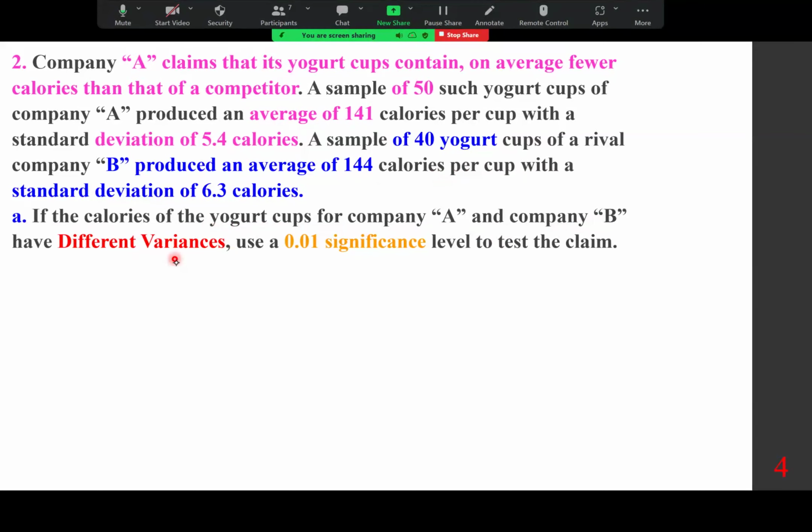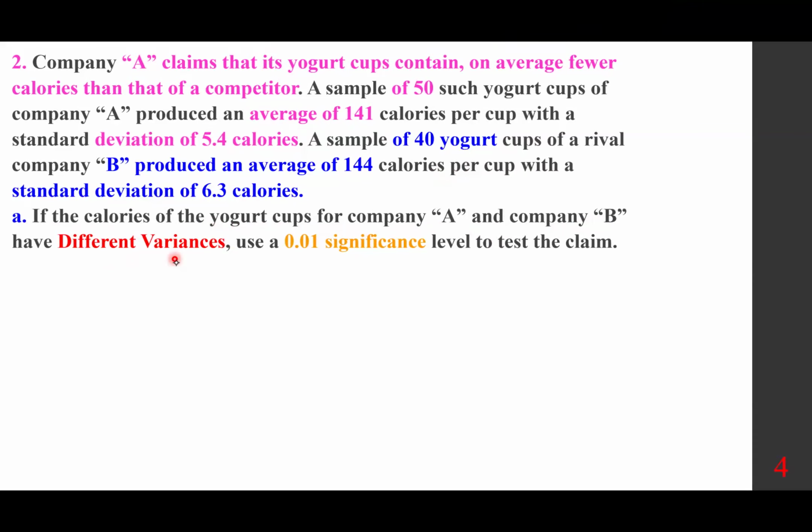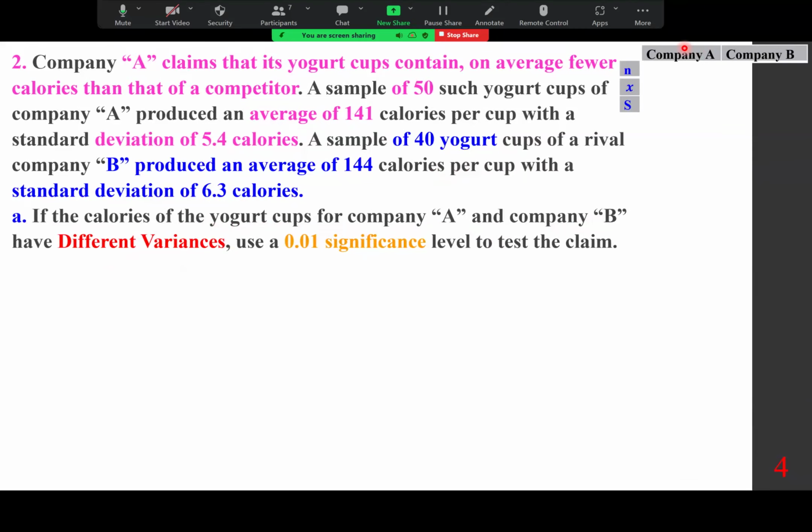I'm going to discuss that concept in a moment. But what happens is we have to write the given as always. So what is given? We set up this table to make life easier. For Company A, we would call it n sub 1, which is 50. We call it x sub 1 because we have two different companies.